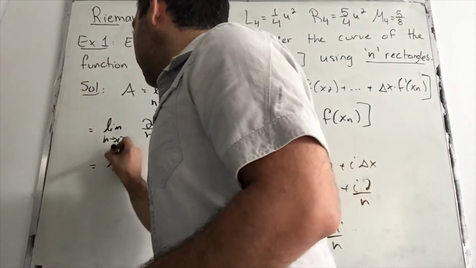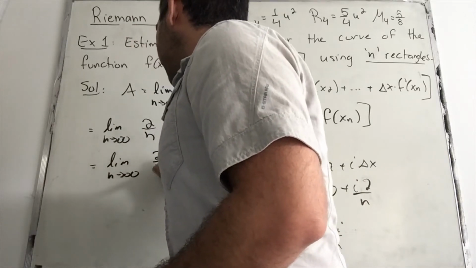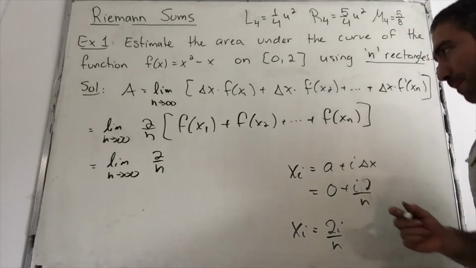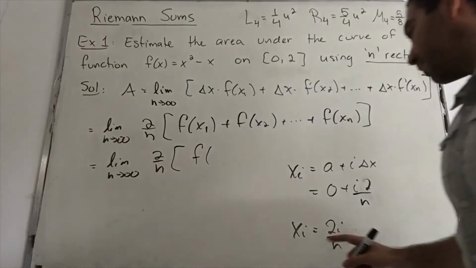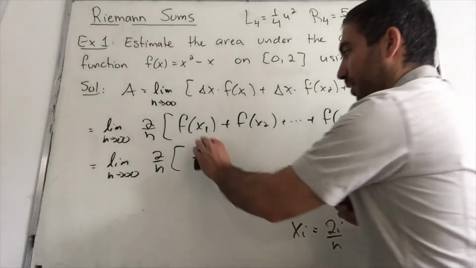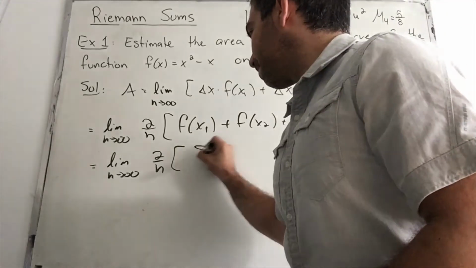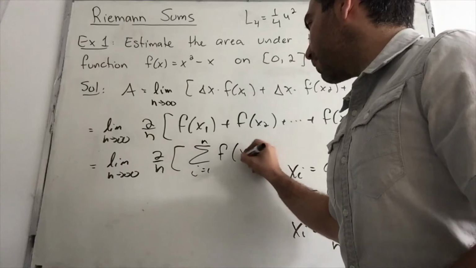This is equal to the limit as n goes to infinity of 2 over n times f of x1, and we could rewrite this as the sum i equals 1 to n of f of xi.